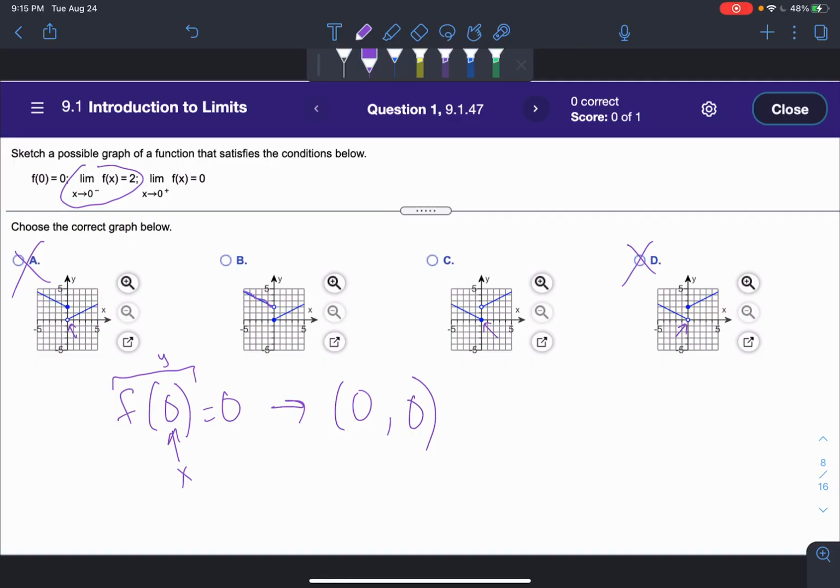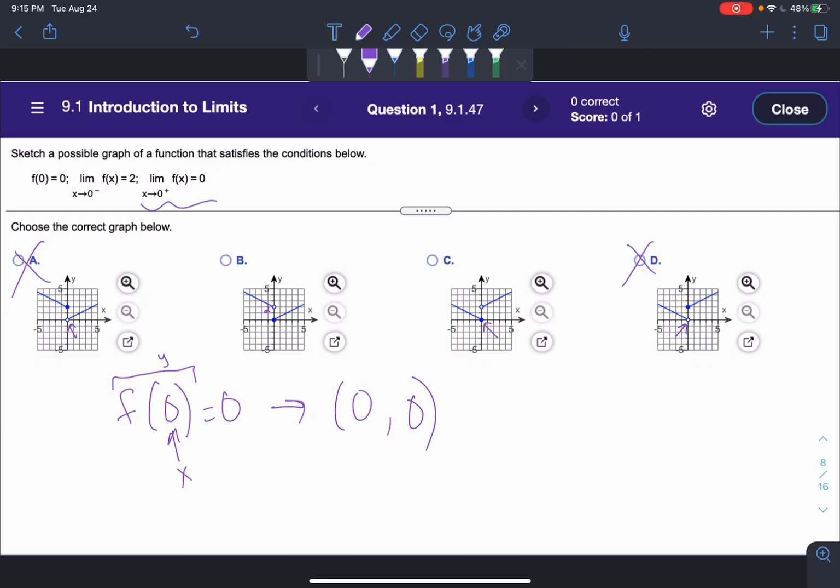And so my function is approaching, I believe that's 2. Each one of those grid lines is 1 unit, so that will be 2. So that's promising. Let's check if it has the third condition.